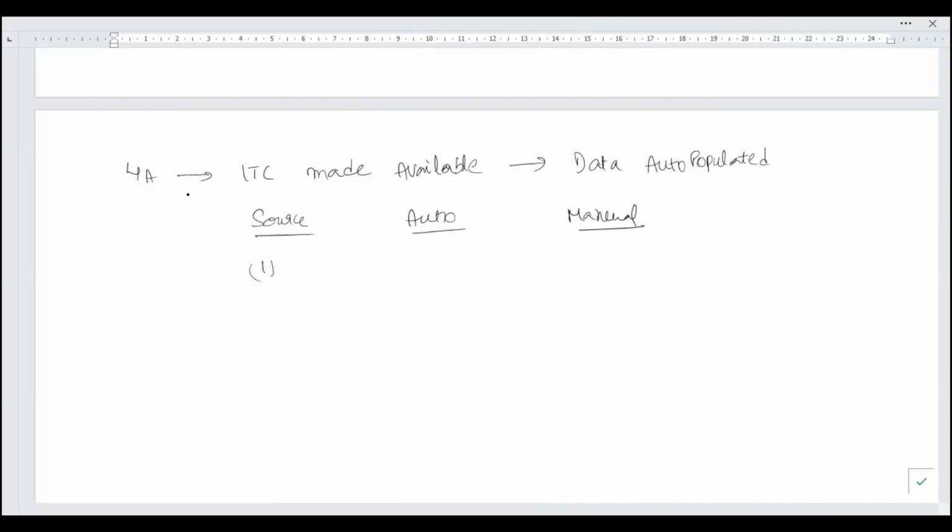Source, say import of goods, import of service, domestic RCM, ISD, all other ITC. Now, is this auto-populated? Answer is yes. What if the data is not auto-populated? I can do a manual entry for data not fetched from ICEGATE.